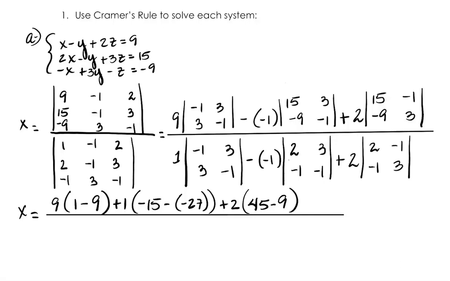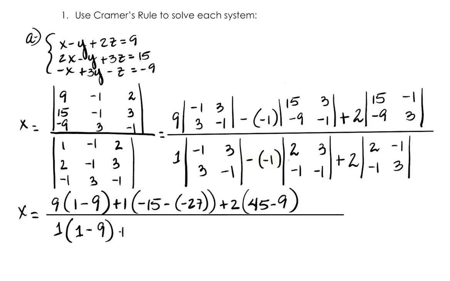In the denominator, we have 1 that multiplies the determinant of -1, 3, 3, and -1. So we're going to solve it like this. 1 that multiplies -1 times -1 is 1, minus 3 times 3 is 9. Since we have two negative signs, this term becomes positive.